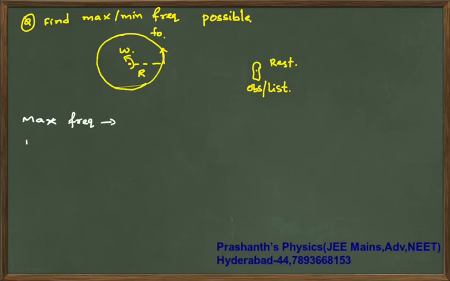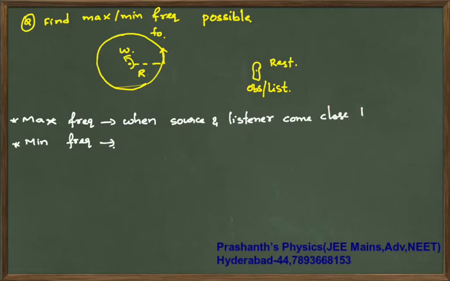You will have maximum frequency when the source and listener come close together, or the distance is decreasing. Then you will have maximum frequency.